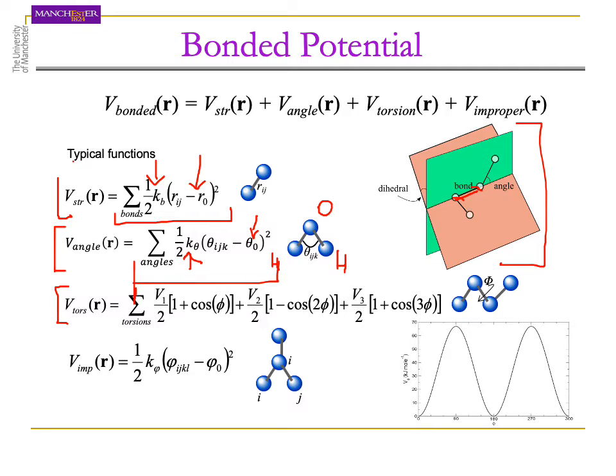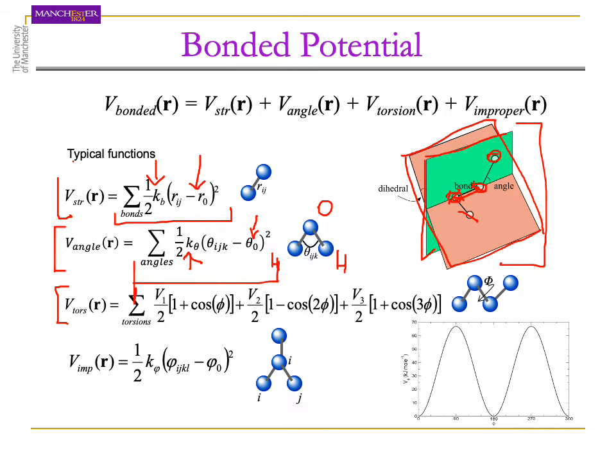The torsional potential can be better visualized using this picture here on the right side of the slide. So if we have four atoms, we can build the plane in which three atoms lie. For example, if we consider these atoms, the plane described by these three atoms is this red plane. If we consider instead this atom here, this atom here, and this atom here, the plane described by these atoms is the green plane here.